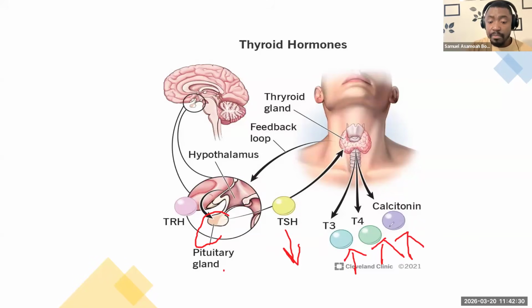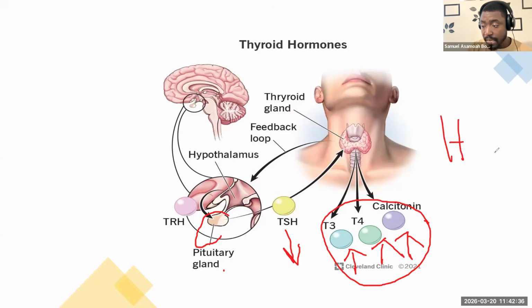Now, in principle, when you have these hormones too high in the body, we use the term hyper, and we call it hyperthyroidism. Guys, are you with me? Yes, sir. Did I mention any TSH yet? No. I just said which ones are high: T3, T4, and calcitonin. It's a hyperthyroid state.